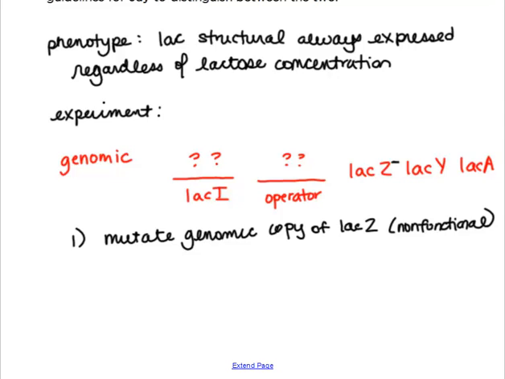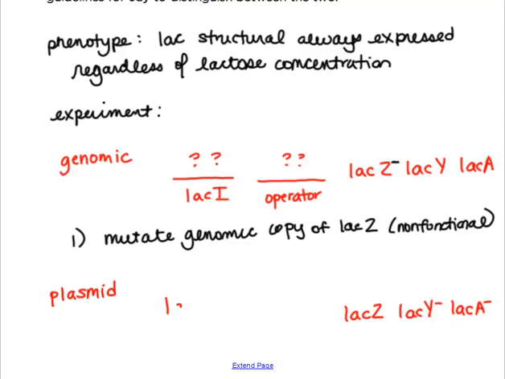Now, what we need to do is construct a plasmid with a specific genotype that we want. So, the plasmid genotype that we want is going to have functional LAC-Z, so that it's distinguishable from the genomic copy, but then we want non-functional LAC-Y, non-functional LAC-A. So that takes care of the structural genes on this second copy of the operon. Okay, but we want to have a wild-type repressor gene and a wild-type operator.